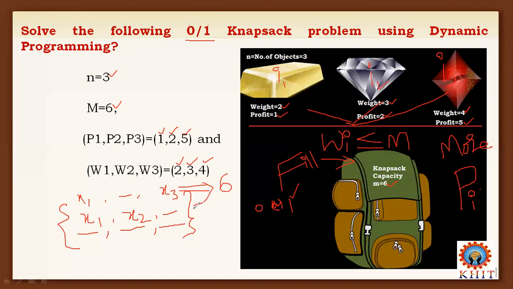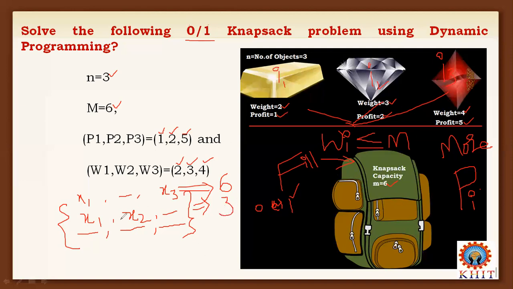Here, the profit is first item profit 1 plus second item profit 2, so I will get the profit 3.